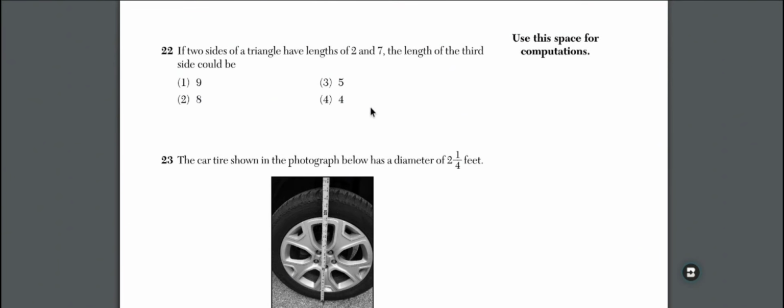Question 22 says, if 2 sides of a triangle have lengths of 2 and 7, the length of the third side should be. So this tests the triangle inequality theorem.